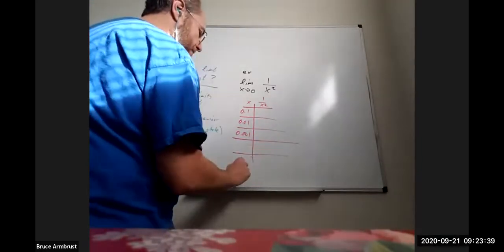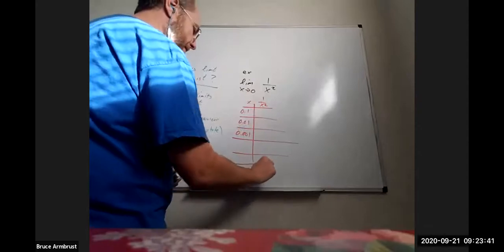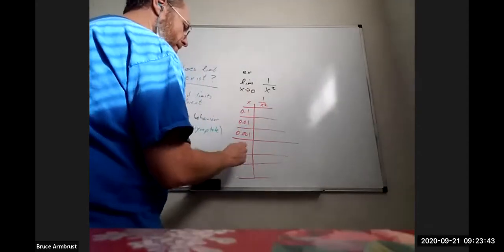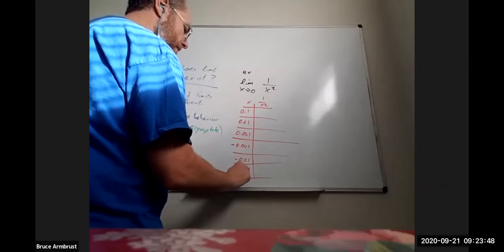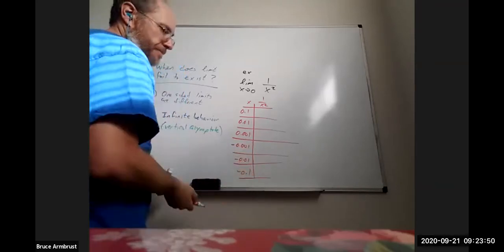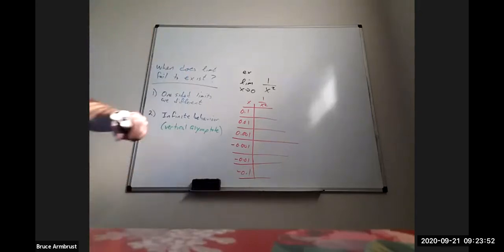And because we want to make sure the other side is taken care of as well, let's put in the negatives of these. Since it's not a one-sided limit, we want to look in both directions.